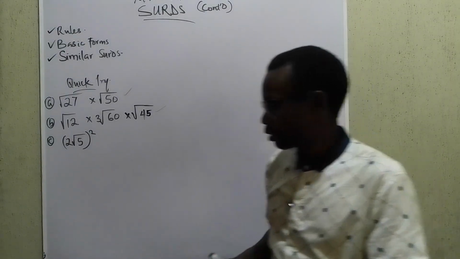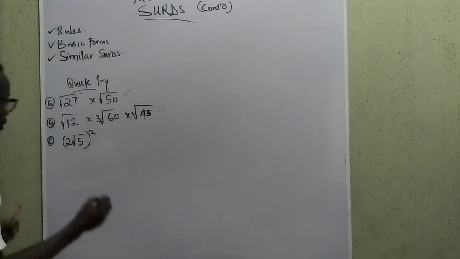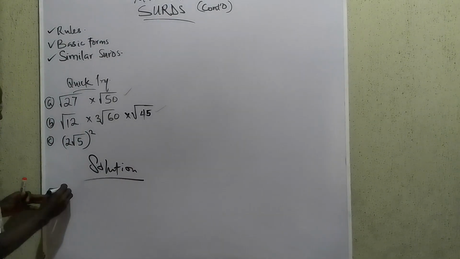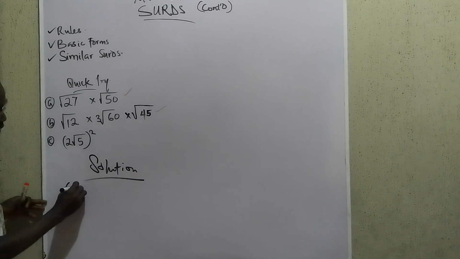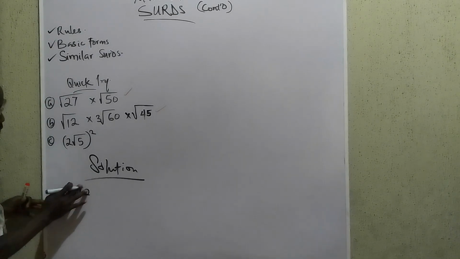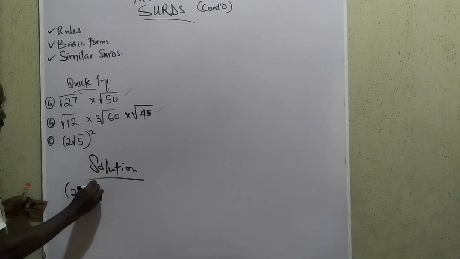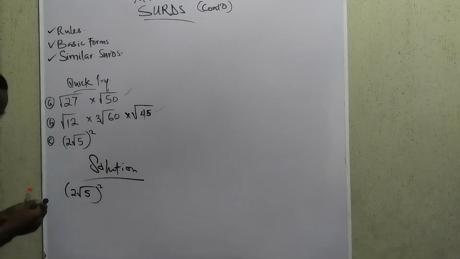So what we have here, we'll simplify it. That's what we'll do, in two brackets of 2, multiply this expression.